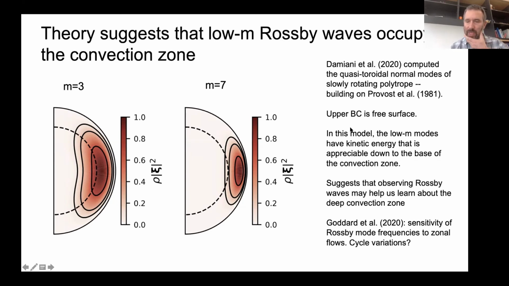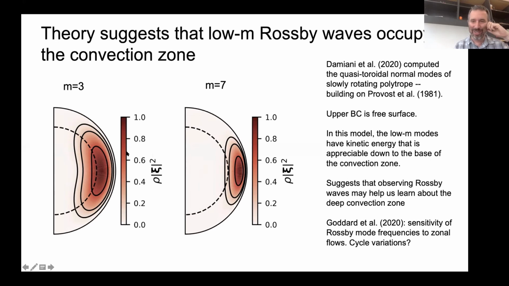What you find in this particular model is that the kinetic energy of the modes is not just a surface thing, but at least in this model, these modes are really filling up the convection zone. And if you look at the m=3 case, a lot of the energy is in the bottom half of the convection zone. Here I'm using convection zone very loosely.